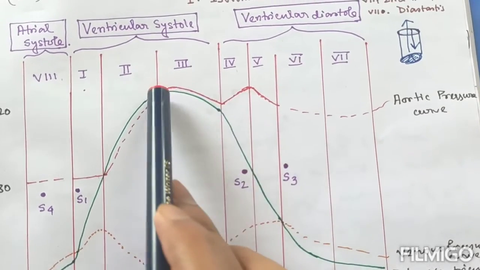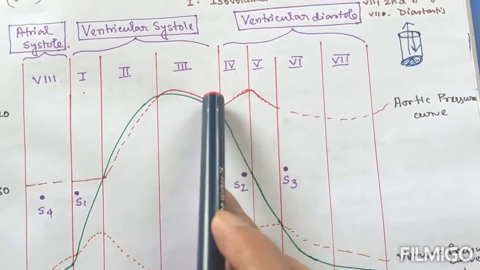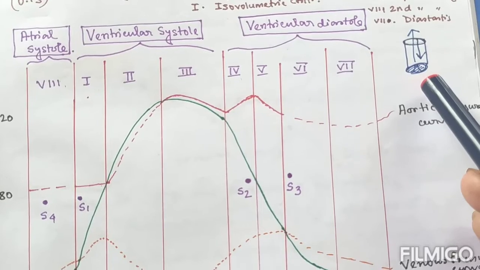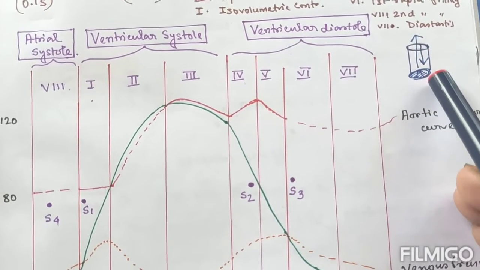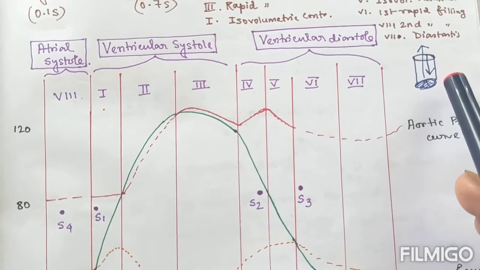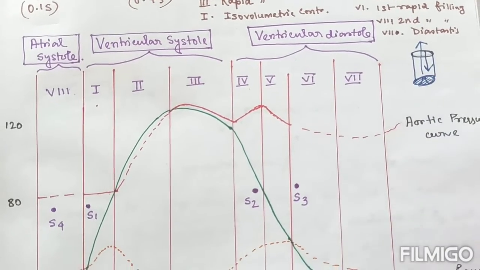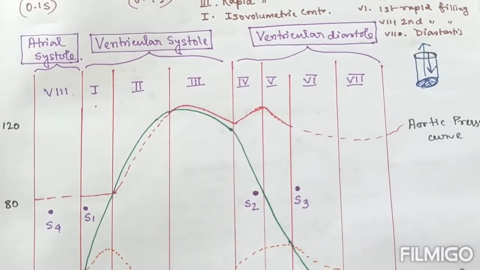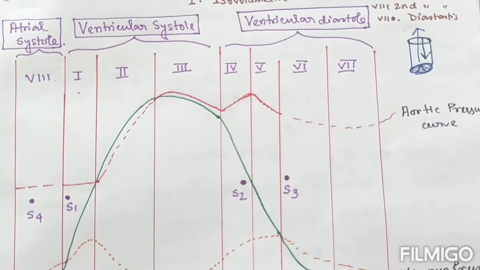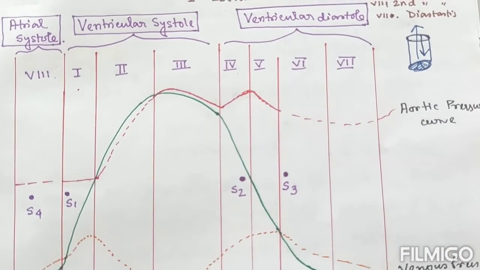But as soon as it tries to cross the aortic valve or semilunar valve, the valve gets closed, and this causes a sudden rebound of blood from the surface of the aortic cusp.